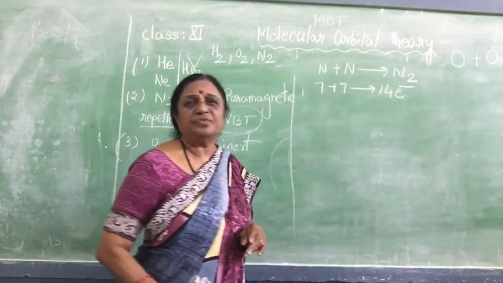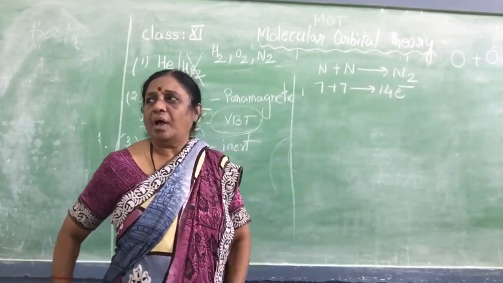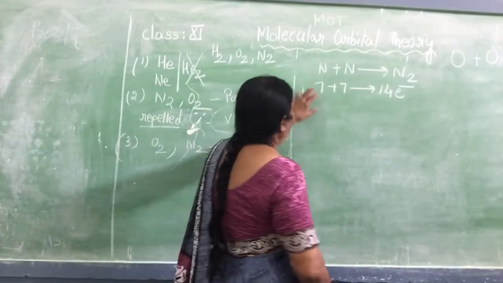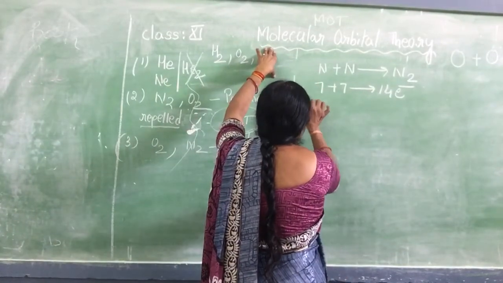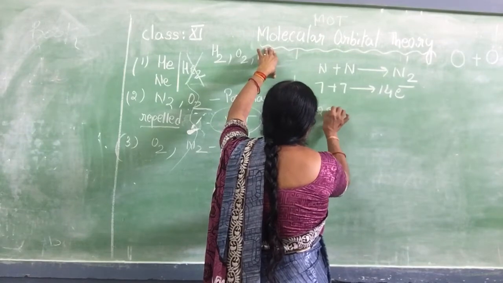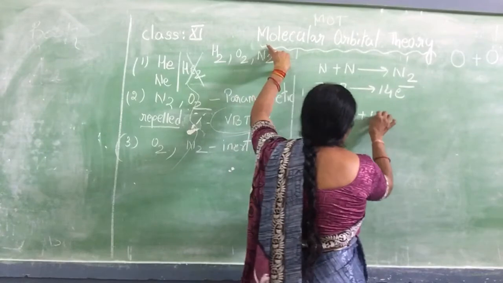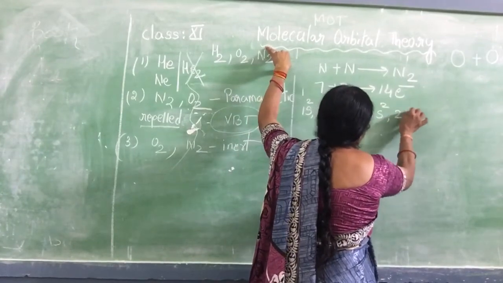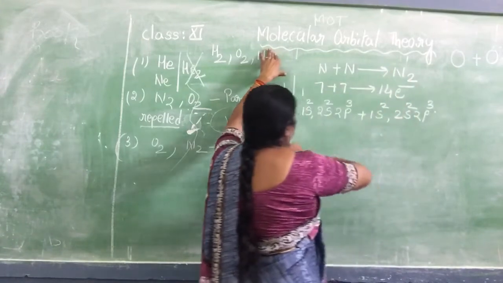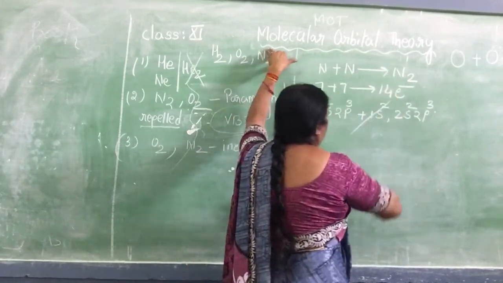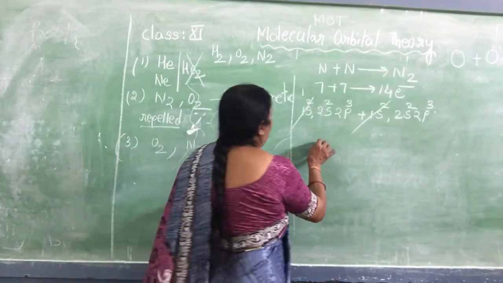Now, these 14 electrons we have to arrange in the molecular orbitals. What is the electronic configuration? 1s2, 2s2, 2p3 of one atom plus 1s2, 2s2, 2p3 of another atom. Now look at both, children. 1s is of one atom, 1s is of another atom. They combine together to form two MOs.